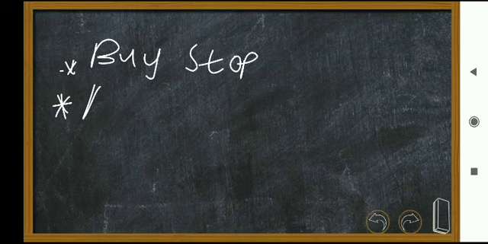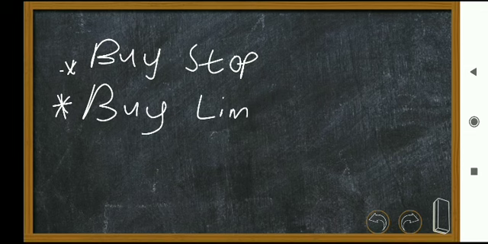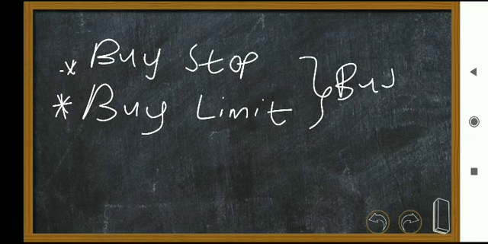Let's start with the buy. The buy stop and the buy limit will be used for buy orders. When they are triggered, you automatically get into a buy order.